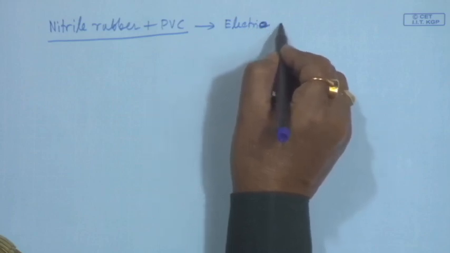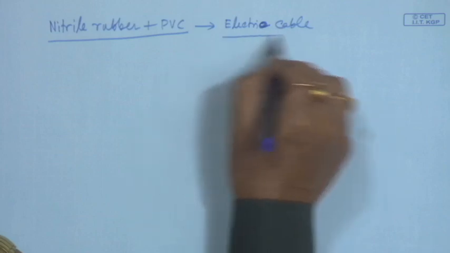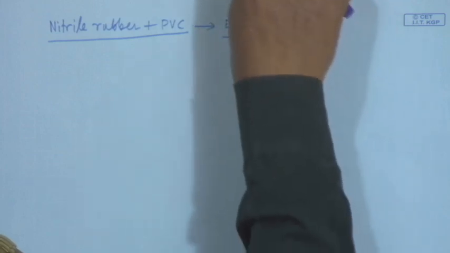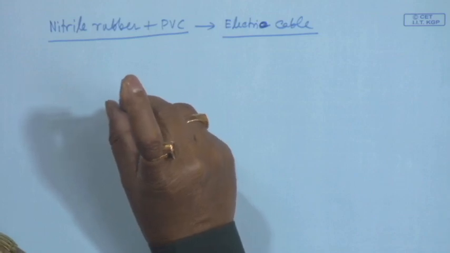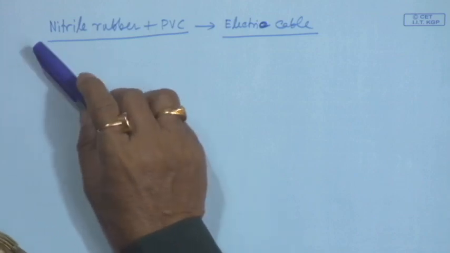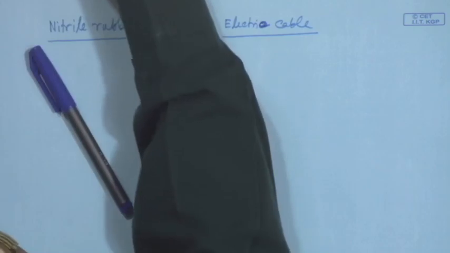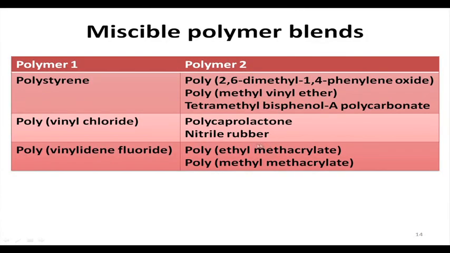For heavy duty electric cable, for high voltage, underground high voltage electric cable, after polyethylene insulation, this nitrile PVC blend is used as a sheathing material, or PVC is used to coat conductors for domestic wiring.